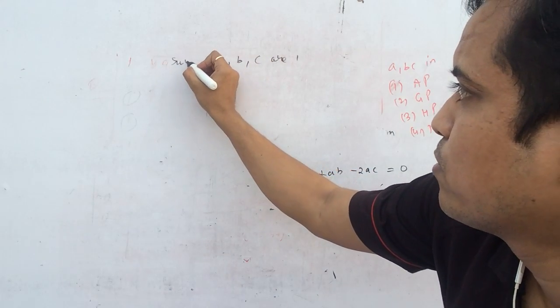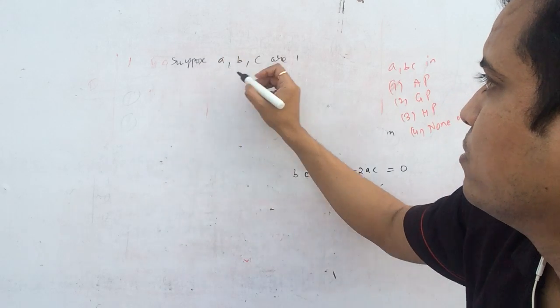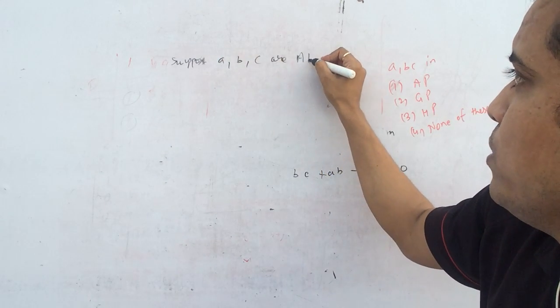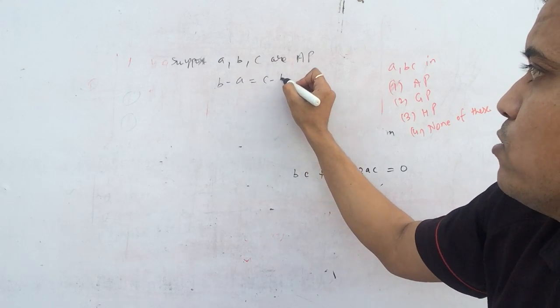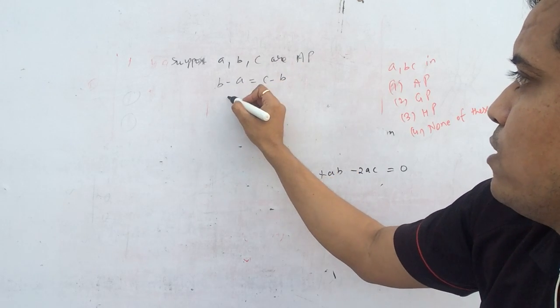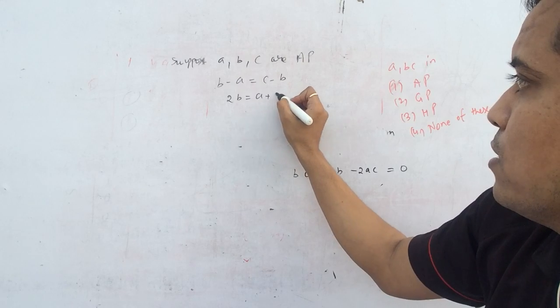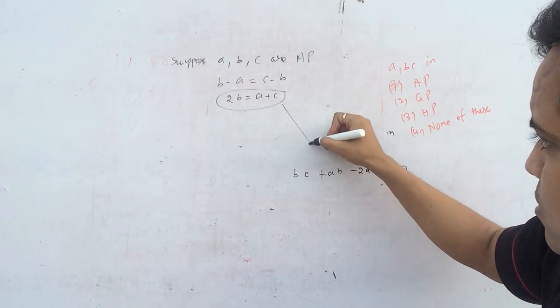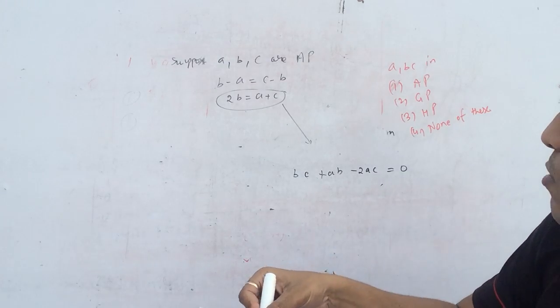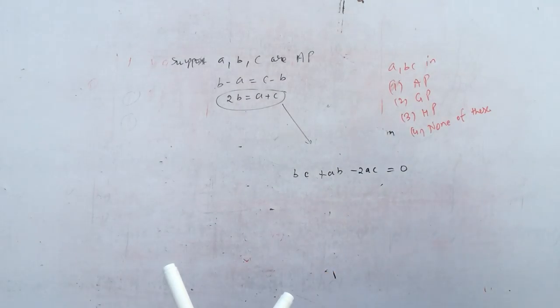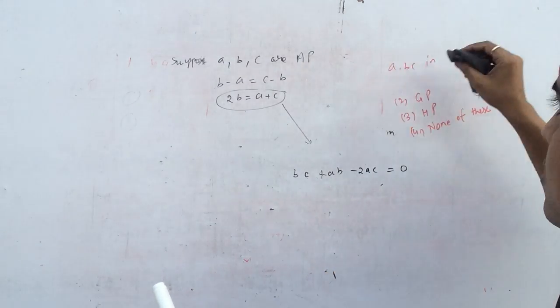Then the common difference b minus a equals c minus b, so 2b equals a plus c. Do we have 2b equals a plus c? No. So this would not be in AP. Remove the first case.